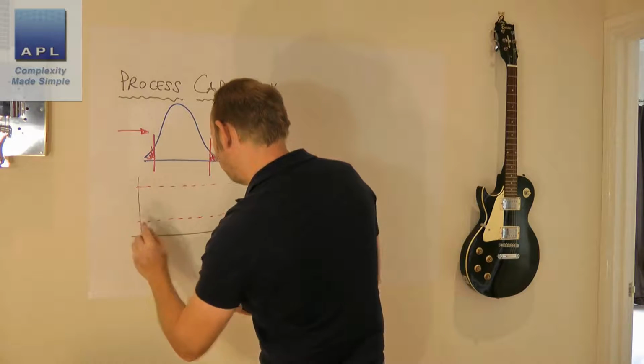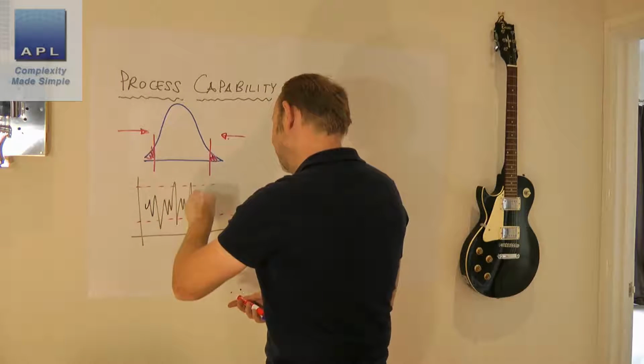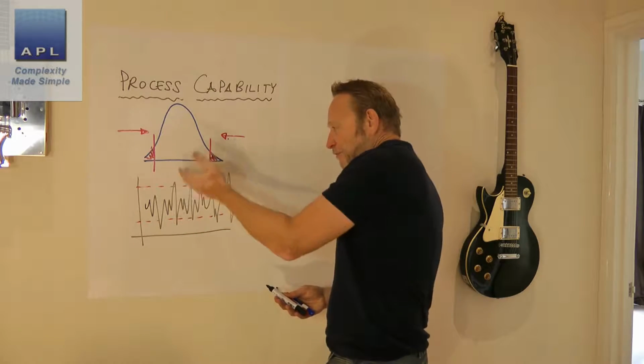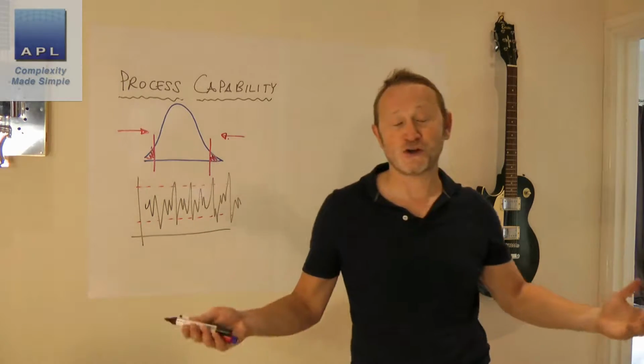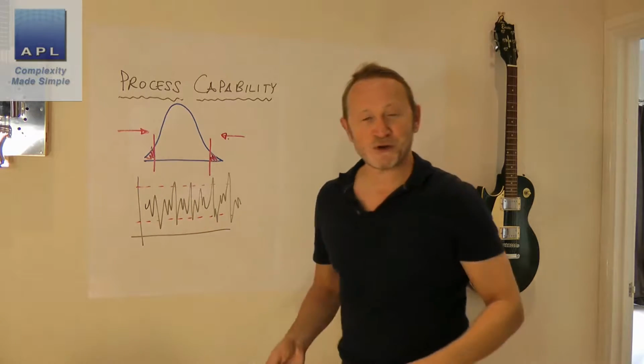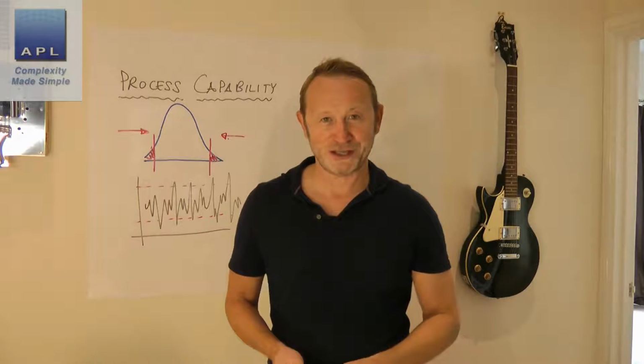If these are your tolerances, you'd see this chaotic swinging from top to bottom. It's neither above the tolerance nor below the tolerance. It's just doing everything. And what you're trying to do is make your process behave inside those specification limits.